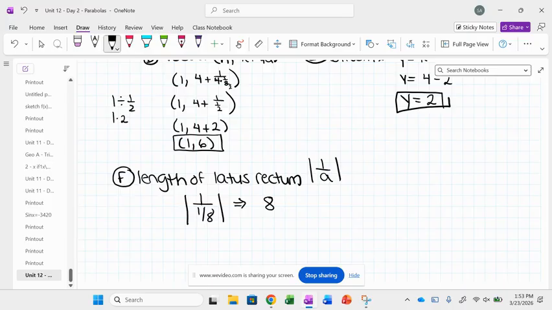If the absolute value of A is greater than 0 and less than 1, is it going to be skinnier or wider? Wider. And if the absolute value of A is greater than 1, what does that mean? Skinnier. Exactly. All right, let's keep going.